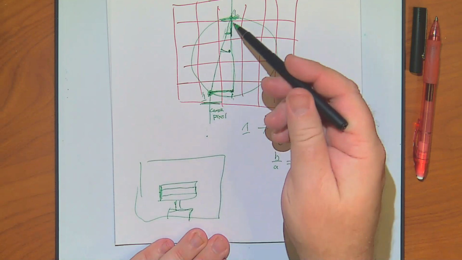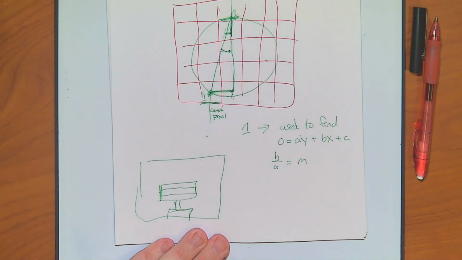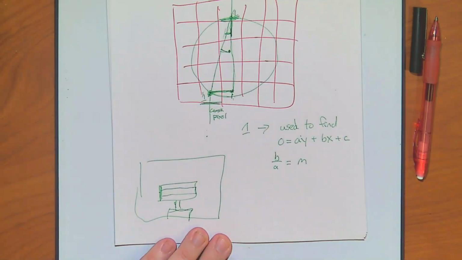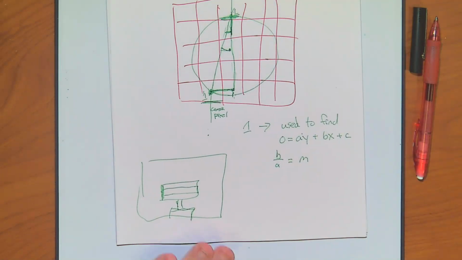And then for my line here, it's just rise over run. But that's rise and run. So you can get M directly from here. So your offset position is delta to this center line.